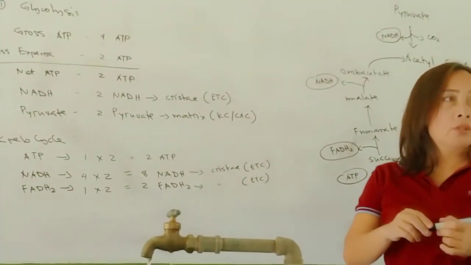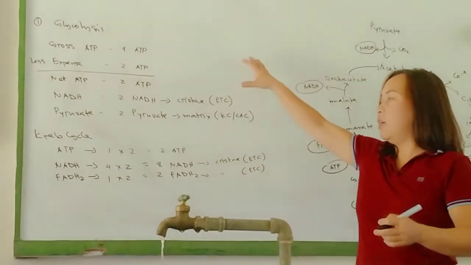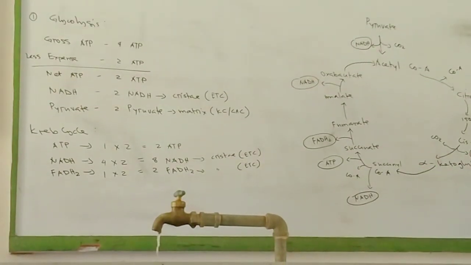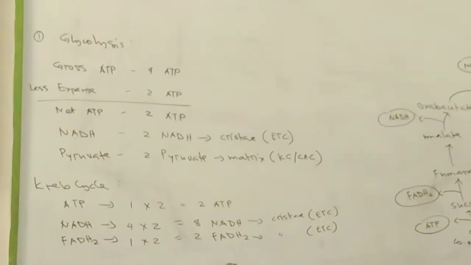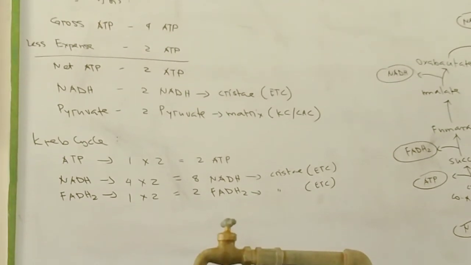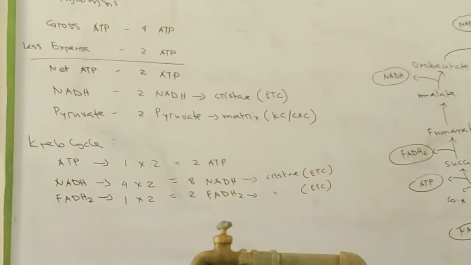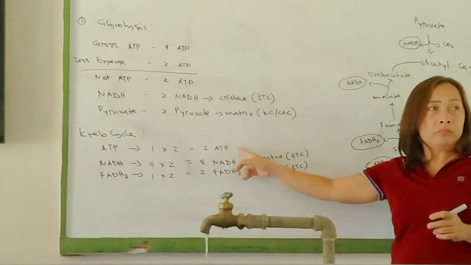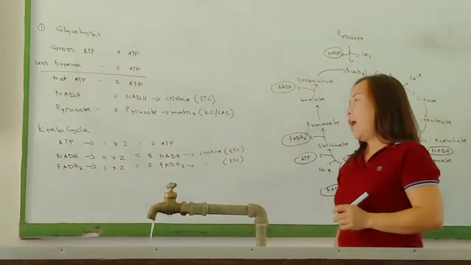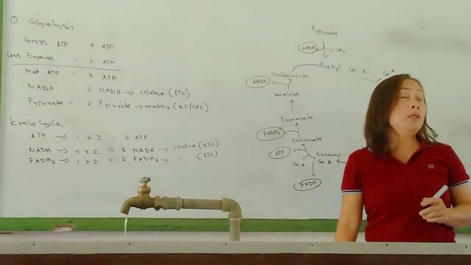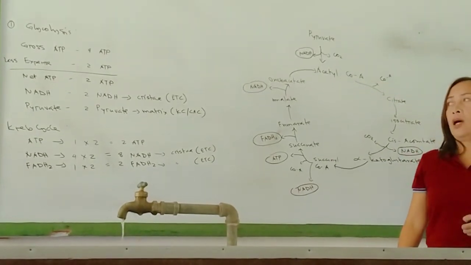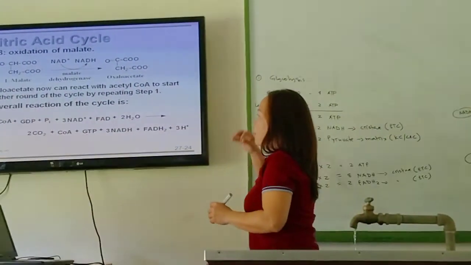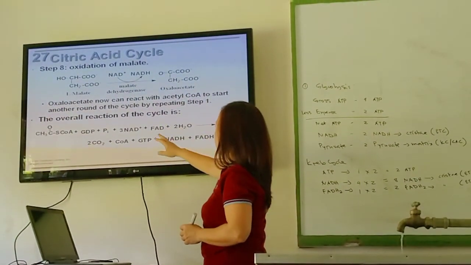Okay, for the sake of computation, so we would know the total ATP production out of 1 glucose molecule breakdown, we are showing it there. But actually, this ATP can be used right away by the cell. But we will compute later on what is really the total ATP that would be generated out of one glucose breakdown.